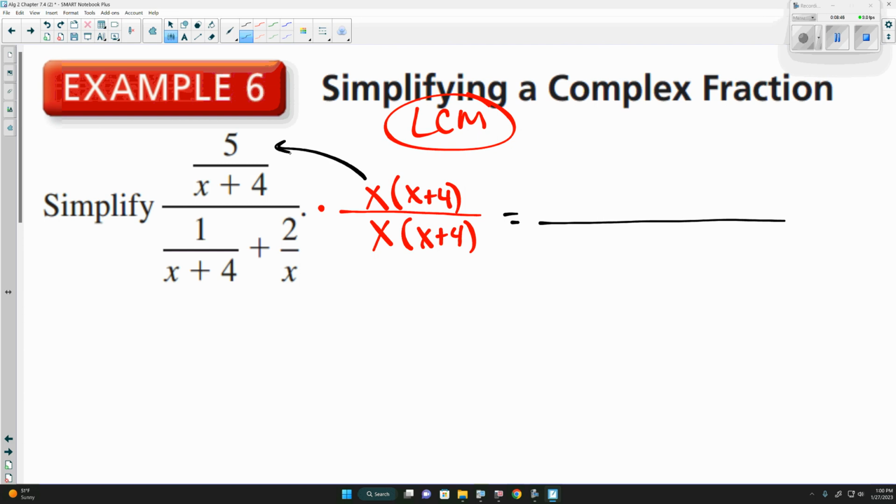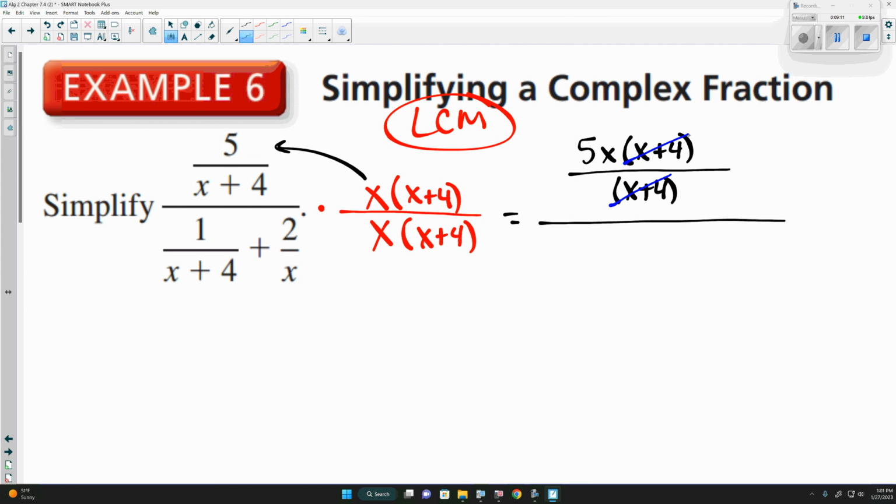And when we do this, we multiply it with the numerators. So the x times x plus 4 is being multiplied by 5. So we'd have 5 times x plus 4 over x plus 4. And what do we know about the x plus 4 and x plus 4? They will cancel.